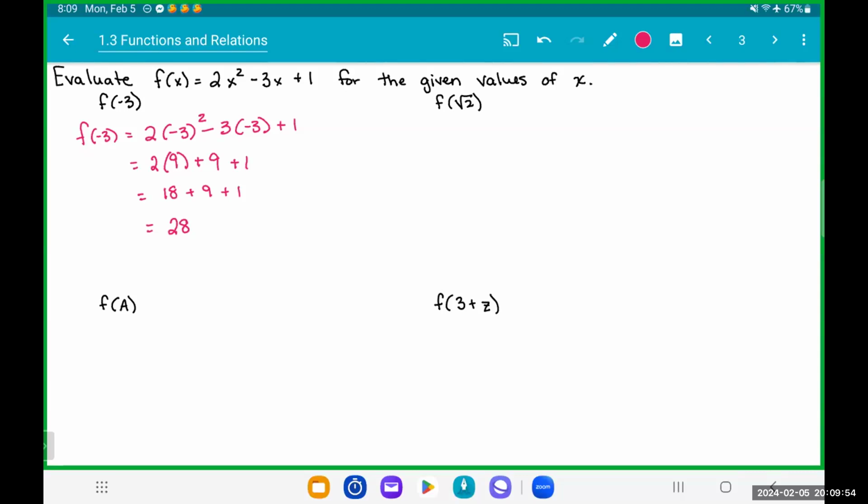Perhaps in the calculator, you would need to do 2 times parentheses -3 parentheses caret 2 minus 3 parentheses -3 parentheses plus 1. See if that helps you. They may also require that you put the multiplication here.